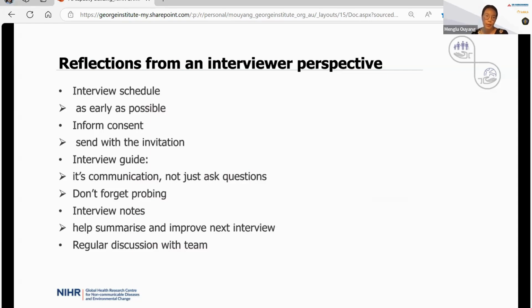We found that it's better to schedule the interview as early as possible, because usually the clinicians and nurses are very busy, and it was also difficult to find a common time since we're doing it across different countries, so there are a lot of differences in time zones. So for the interview, it's better to schedule as early as possible, and also to send the information consent form at an early stage when you give the invitation.